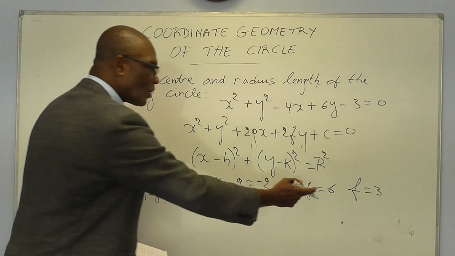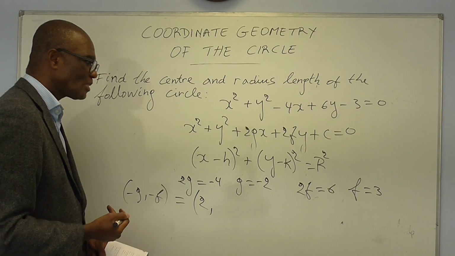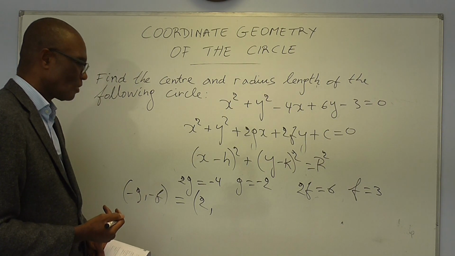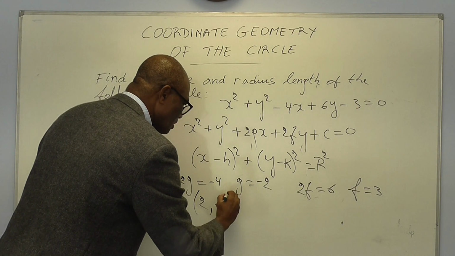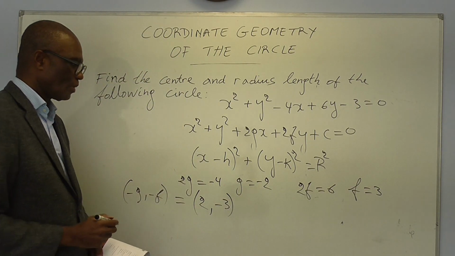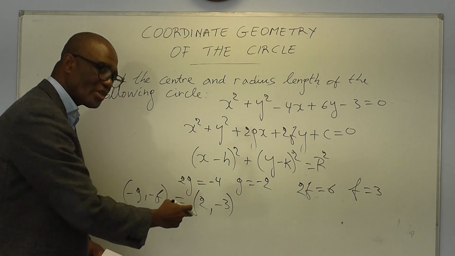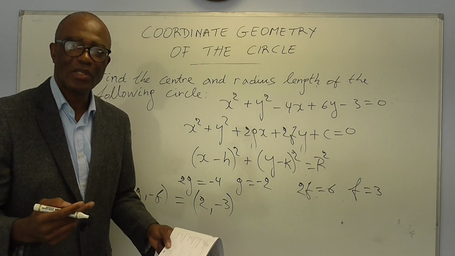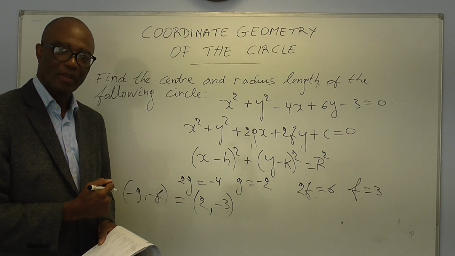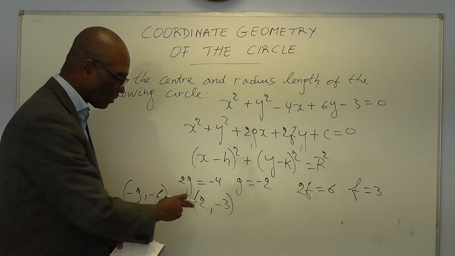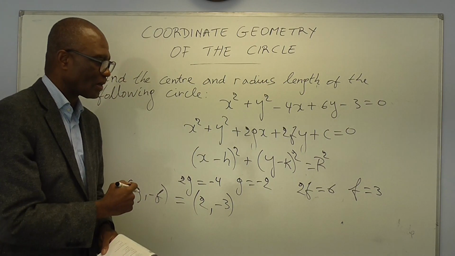And f is equal to 3. That means minus f will be equal to minus 3. So we have here the coordinate of the center of the circle.